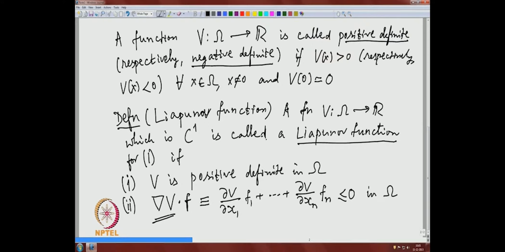Grad V is the vector del V by del x1 etc. del V by del xn and f is the vector f1, f2, fn. So, I am taking the scalar product of those two vectors at every point in omega and we require that this is less than or equal to 0. Okay. So, that is where the given function is related to the system via the second condition.